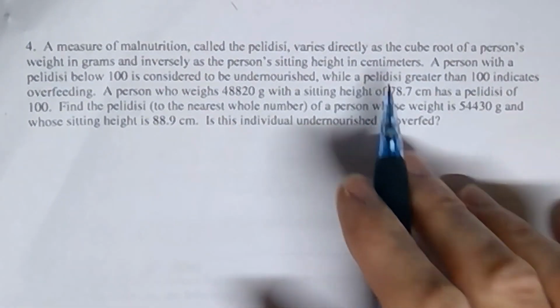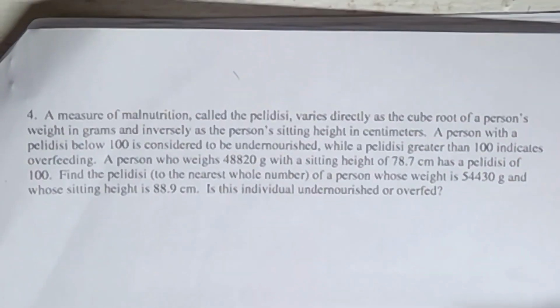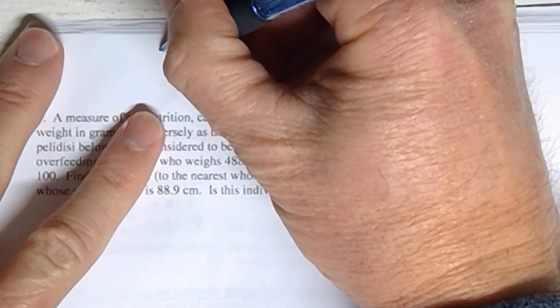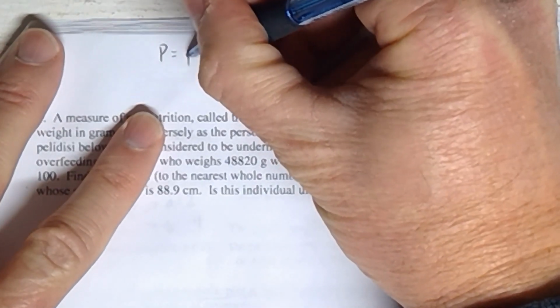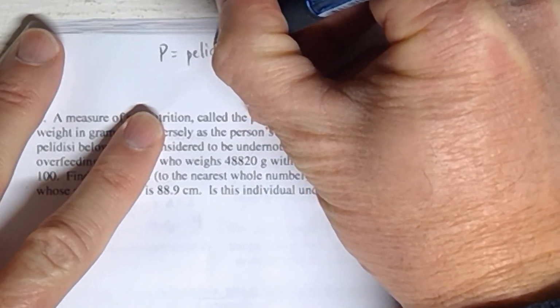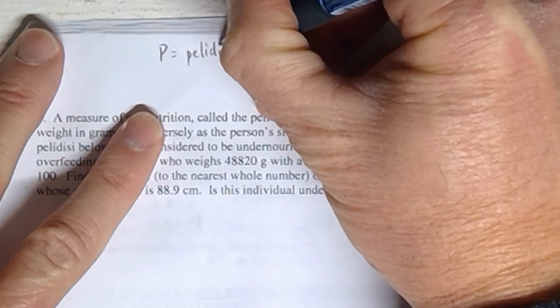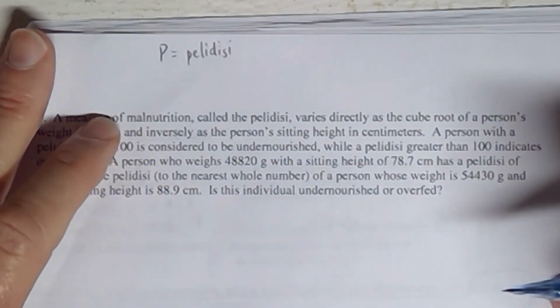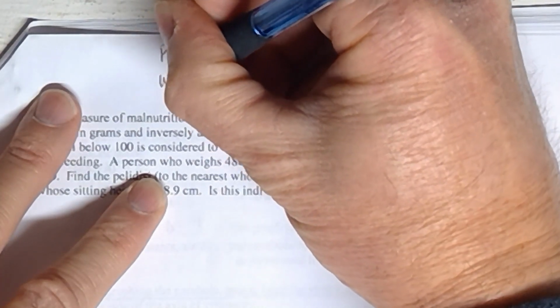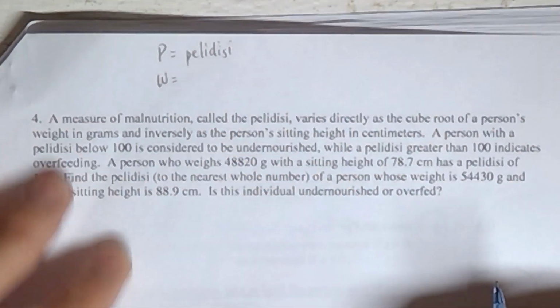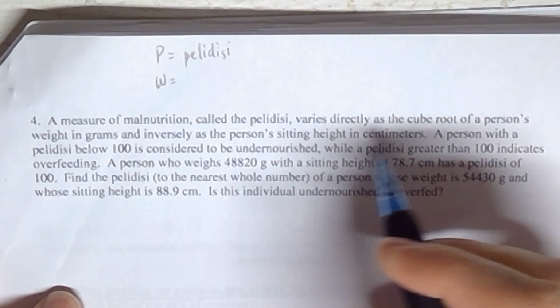Let's stop right there before we finish reading that. Let's establish some variables to make it possible to set up the formula. Let P be the pelodicee. That is, again, the measure of malnutrition. We'll talk more about what the numbers mean for the pelodicee once we finish reading the problem.